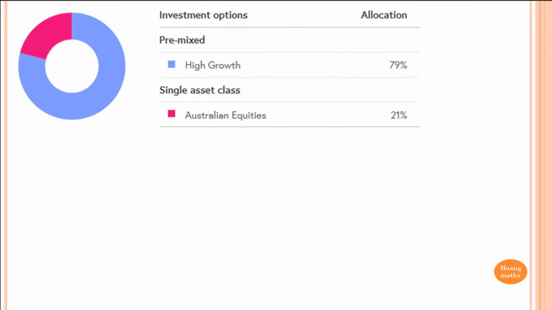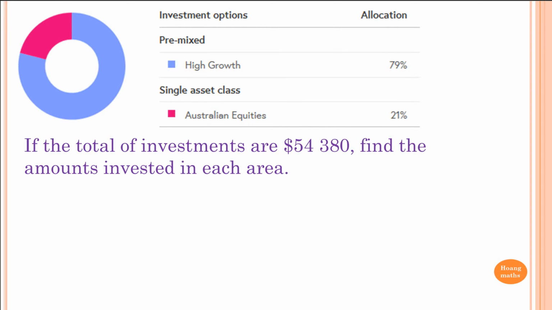This is an investment strategy. The amount of money invested in high growth is 79%, and in Australian equities is 21%. If the total amount of investments is $54,380, find the amounts invested in each area.